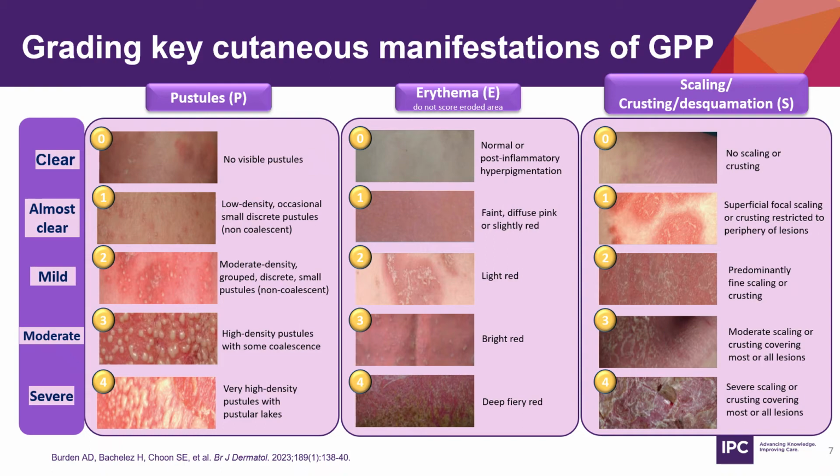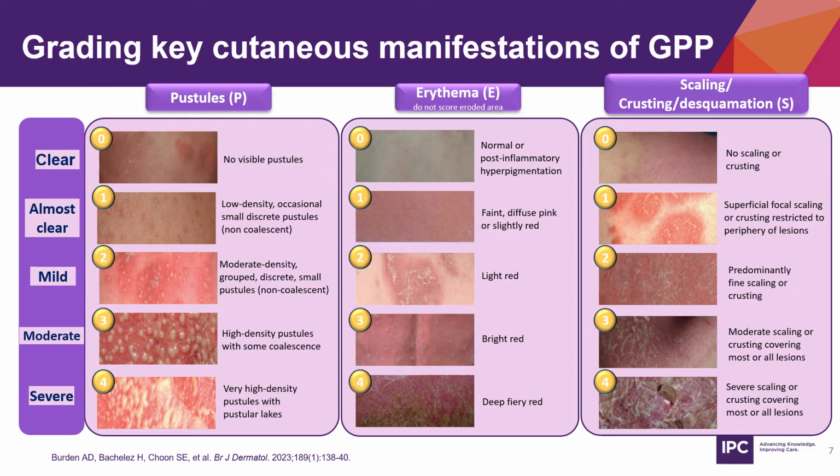GPPGA and GPPASI assess the three key cutaneous manifestations of GPP, and these are pustules, erythema, and scaling. Each component is graded separately on a scale ranging from 0, or clear, to 4, or severe.